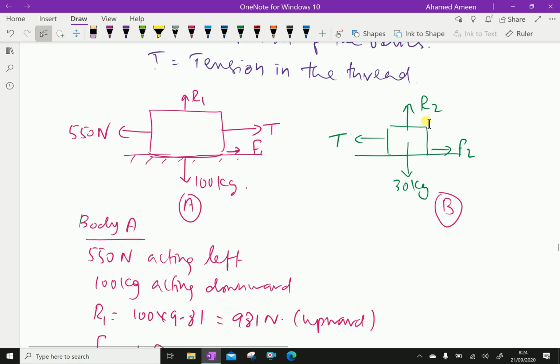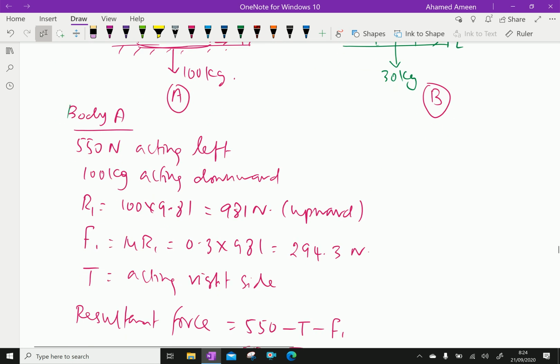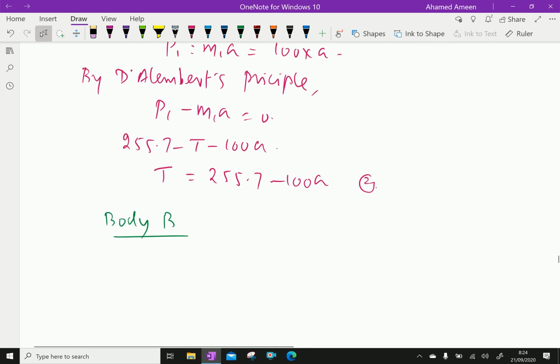Reaction force R2 is upward. So we'll combine all the forces here.